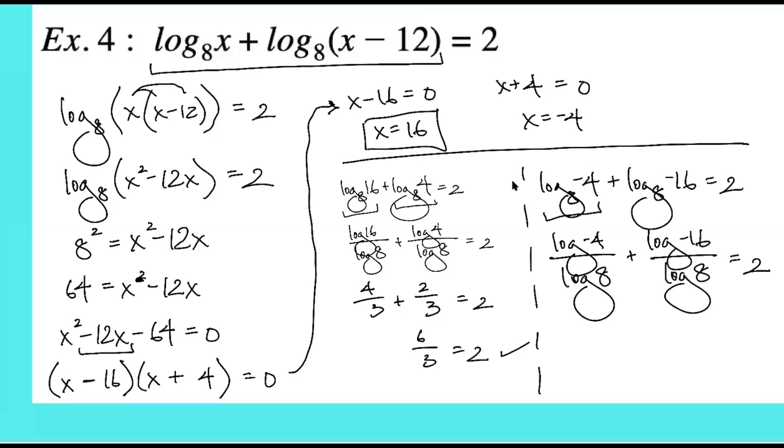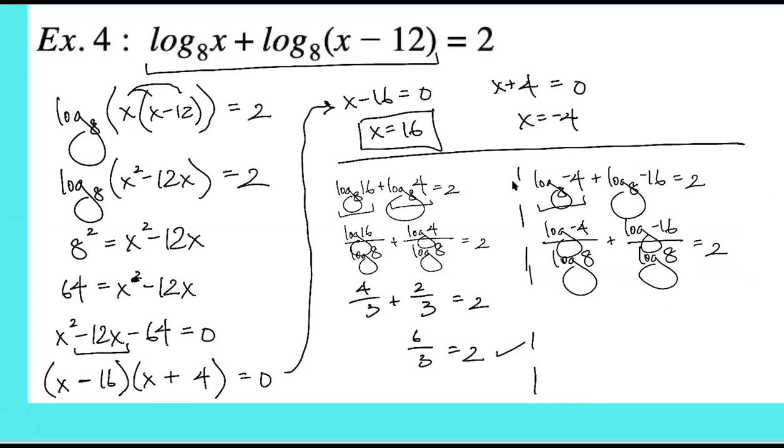What are we getting? I got a domain error. You got a domain error. Anybody else get a domain error? Yeah. Okay. So here's what happens. Turns out that both of these are going to give you a domain error, which means that x equals -4 is not a solution. And in fact, it is an extraneous solution, okay?